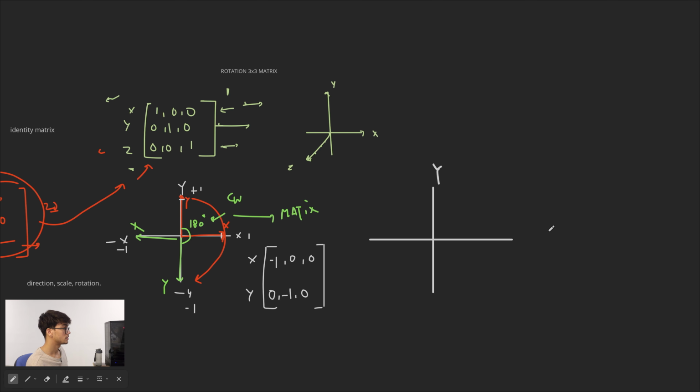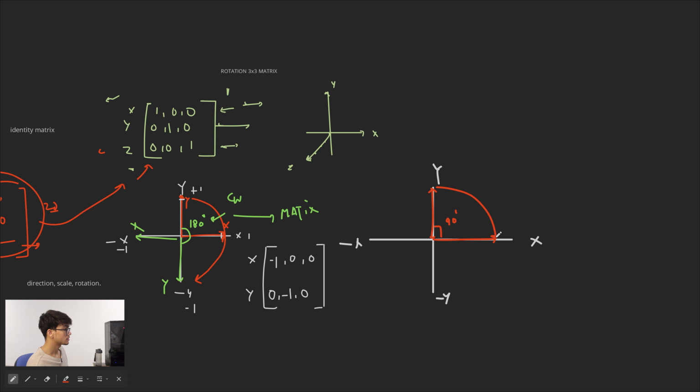This is y, this is x, this is x, this is y negative, and this is x negative. Now the rotation happens. Now I'm rotating this vector to, let's say, here. I'm making a 90-degree rotation, right?